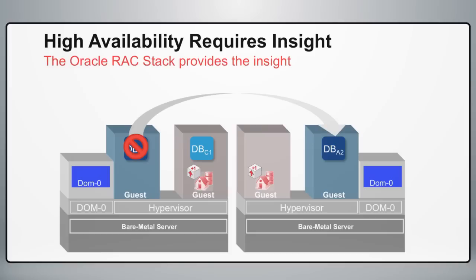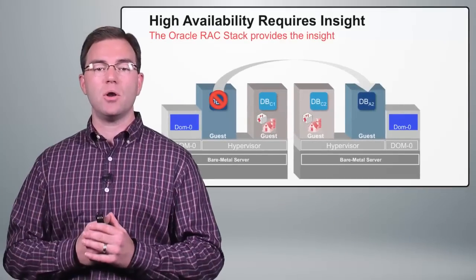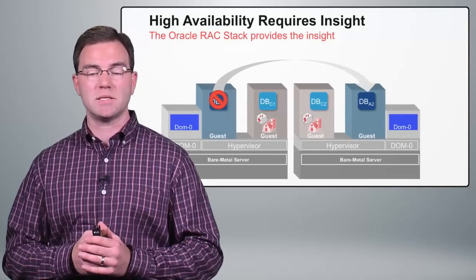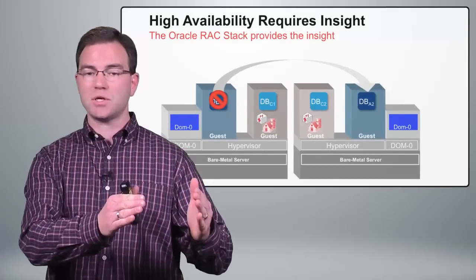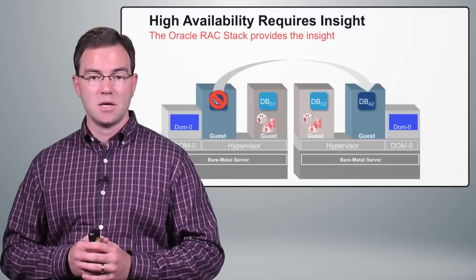This procedure by itself is called rolling patch application and can be performed, as previously mentioned, on RAC One Node and RAC databases, but most importantly, remains the same whether or not the RAC or RAC One Node database is hosted in physical environments or in virtual environments such as shown here.